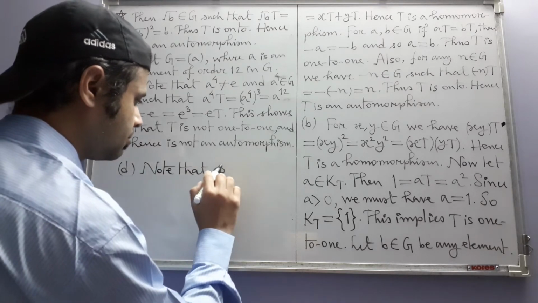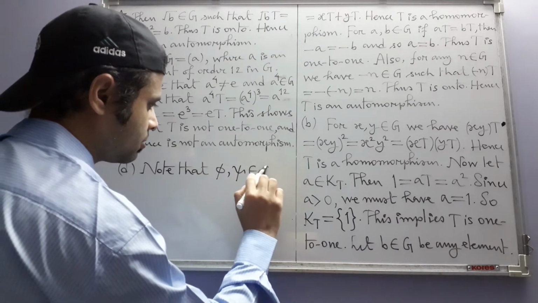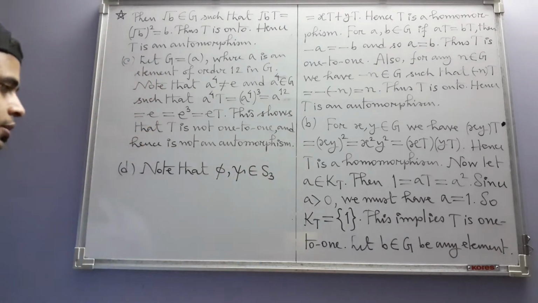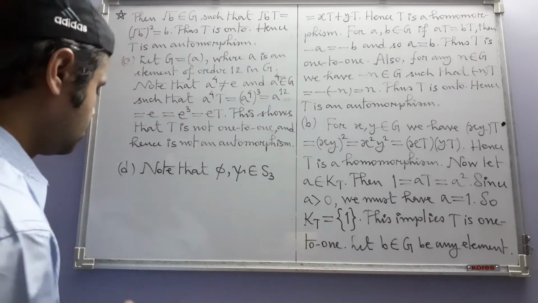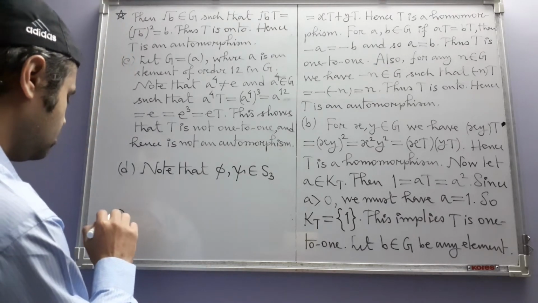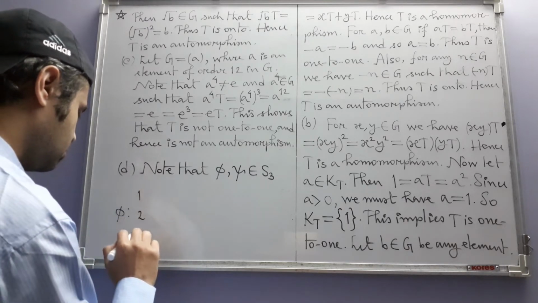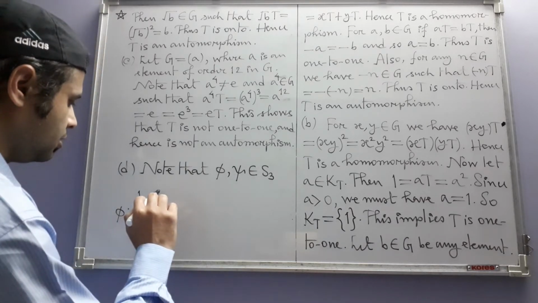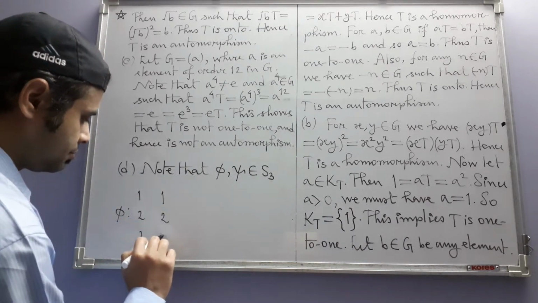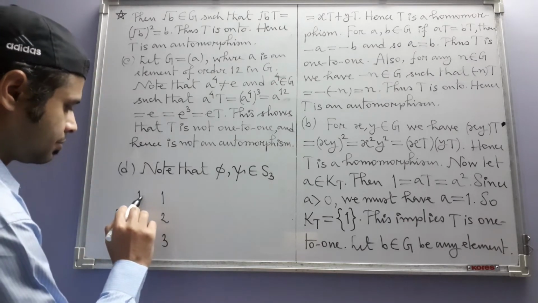Note that phi and psi belong to S3. If you want to recall what phi and psi are, they are these maps on the set consisting of the three symbols 1, 2, 3. They are bijective maps on this set.